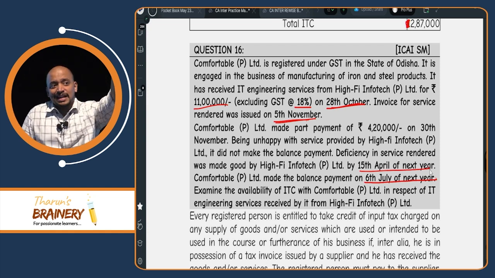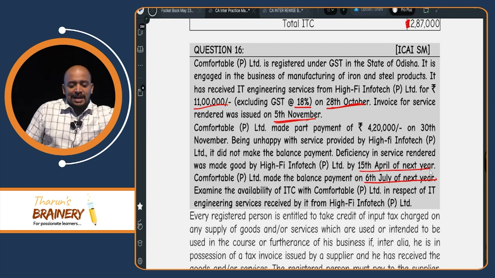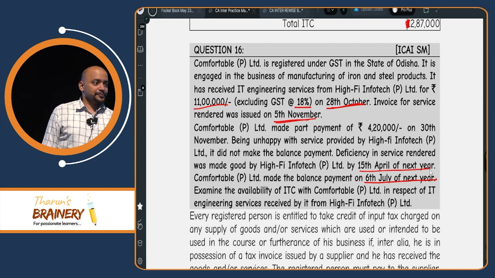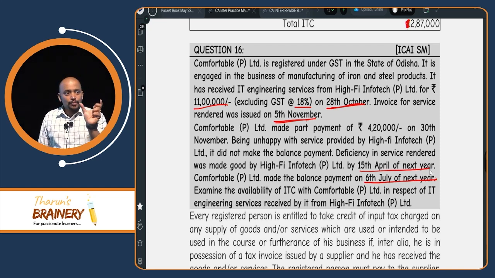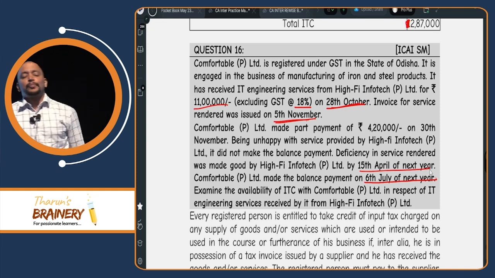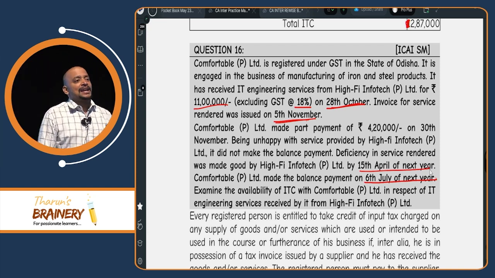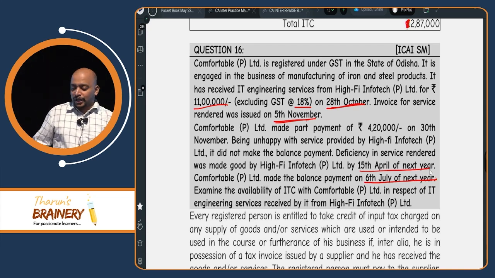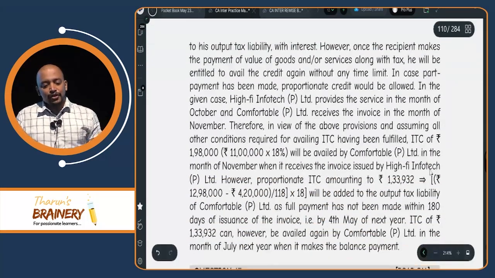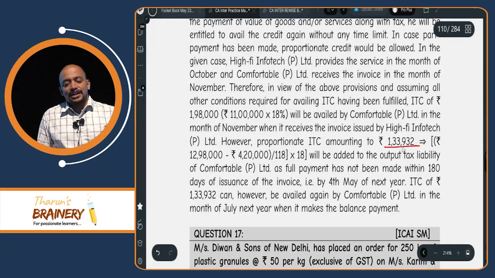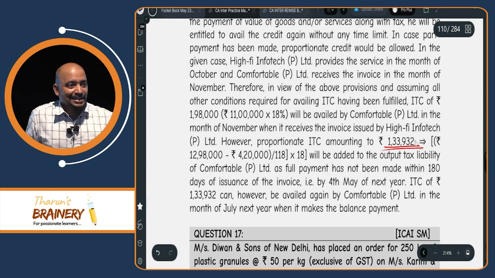From 12,98,000, how much did you already pay? 4,20,000. So minus 4,20,000, this is the amount you did not pay. In this amount, what is the GST component? Multiply by 18 by 118, because you took it inclusive of GST. So the answer is 1,33,932.